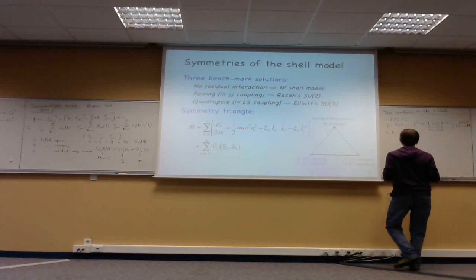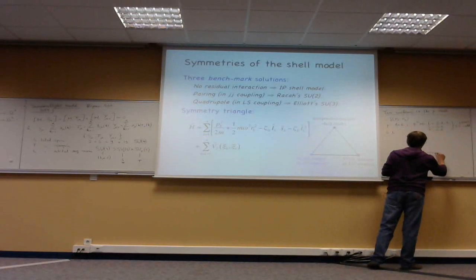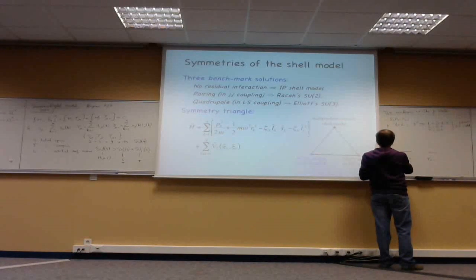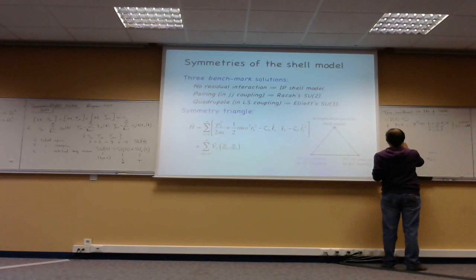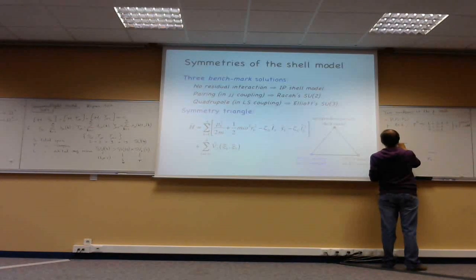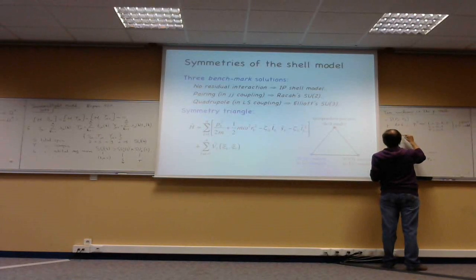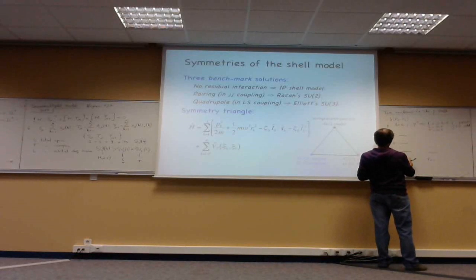So now we can come to the classification. Let's put here T equals 0 and here T equals 1. Then here, if L equals 0, S must be 1, and then L equals 2, S must be 1, and then L equals 1, this is possible as well, then S must be 0.